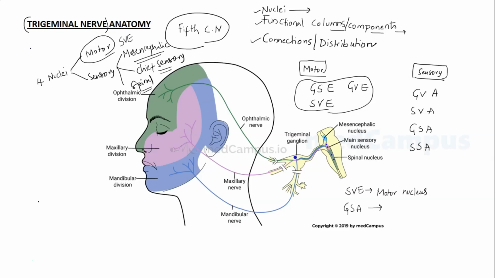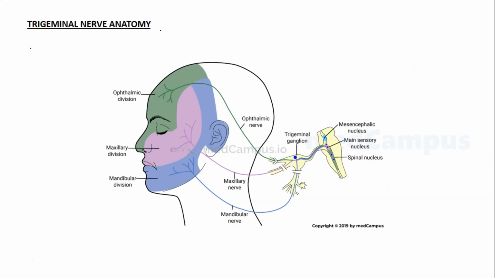So with this background knowledge, let's now start the topic of trigeminal nerve anatomy with nuclei. What are all the nuclei we have? We have motor nucleus, we have sensory, and within sensory we have chief sensory, we have mesencephalic, and we also have the other entity, that is spinal. These are sensory. Now, first we'll finish off the motor nucleus.